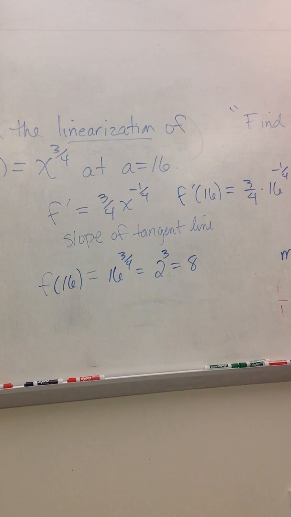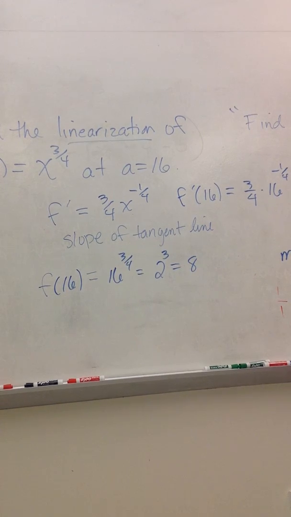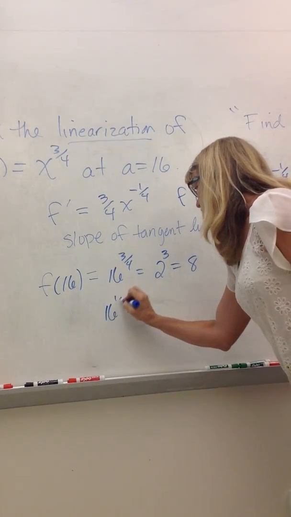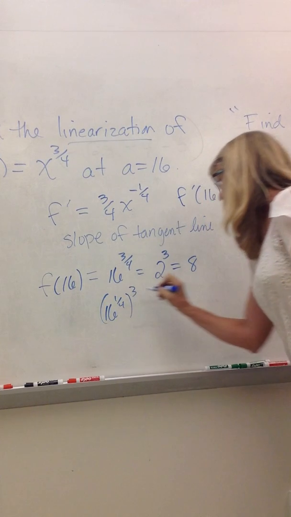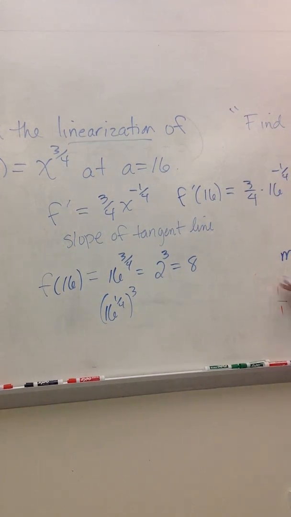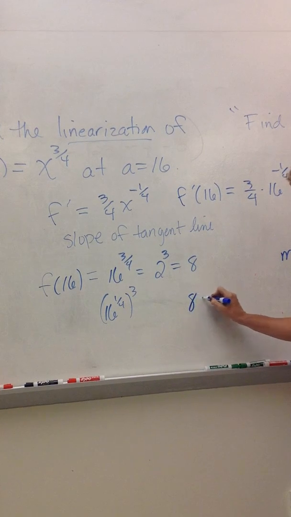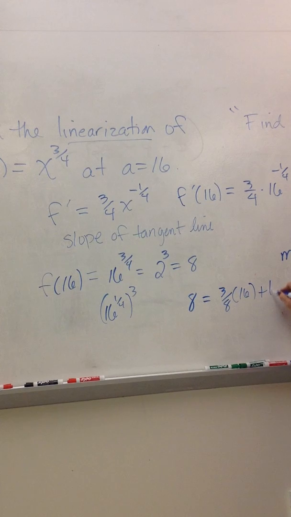Is everybody okay with where I got 2 to the 3rd? It's 16 to the 1/4 and then cubed. All right, so that means that y is 8 when x is 16.